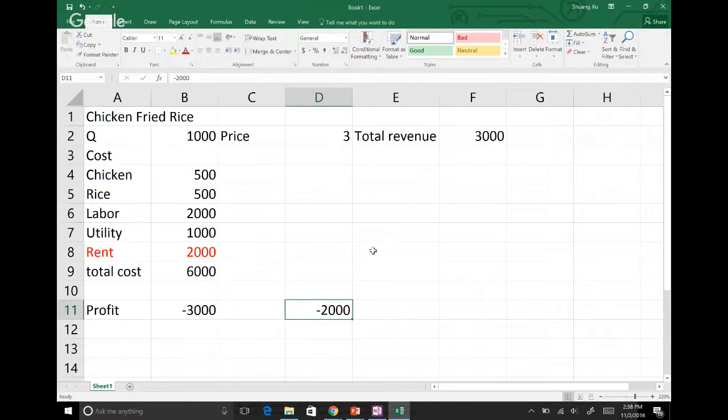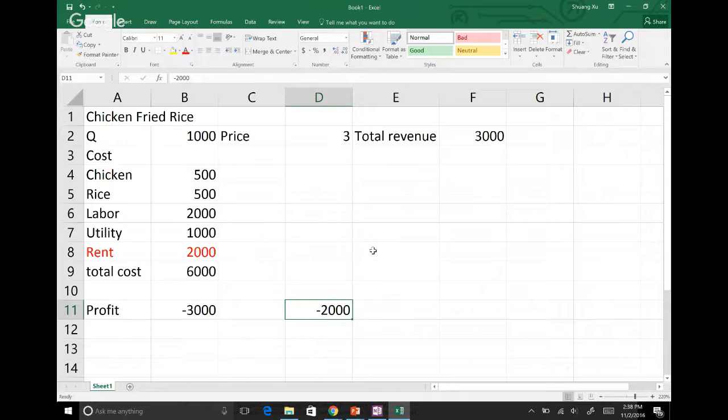So in company production, if your short run profit is negative and your loss is more than your fixed cost, then we're going to shut down the company entirely. Don't produce anything, take your losses and just pay for the rent.